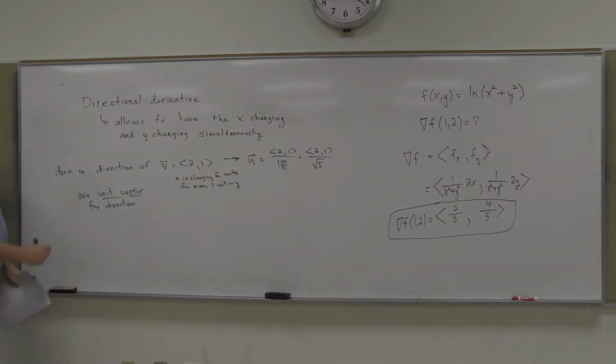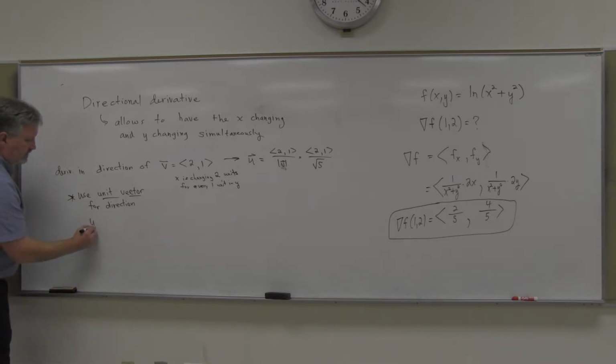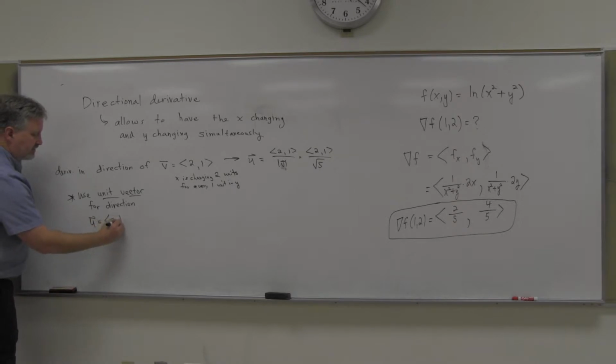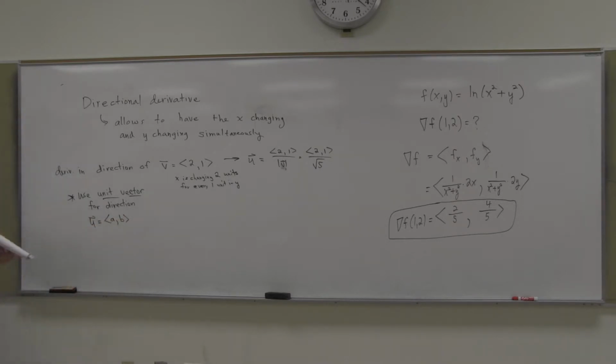So that is one thing they have us do, is use a unit vector for direction. And again, u for unit vector, and then a, b will be the letters used for that unit vector. I'm not sure if we've used a, b for the unit vector before, but that's what we're going to use here. Okay, kind of understand that.